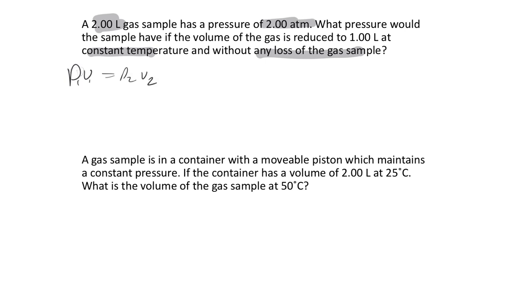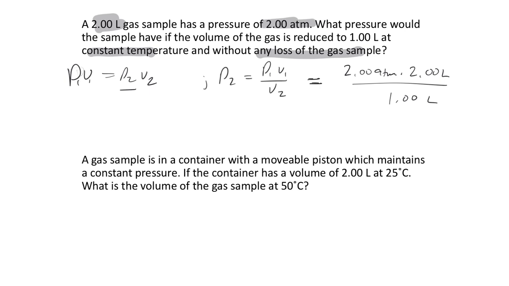And then we can solve for P2, which is what we're looking for. P2 will be equal to P1 V1 divided by V2. We're cutting the volume in half, so we're expecting the pressure to go up. So we take our P1, 2 atm, times 2 liters, and divide by 1 liter for V2.